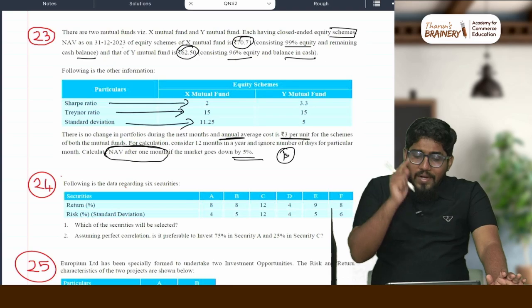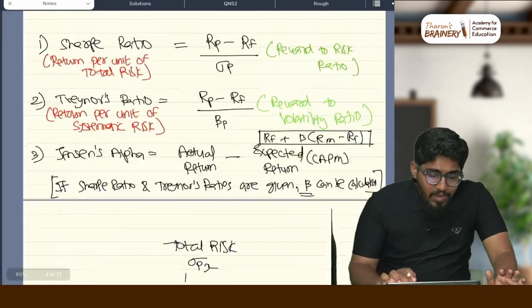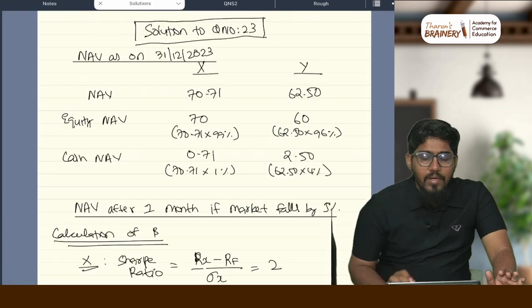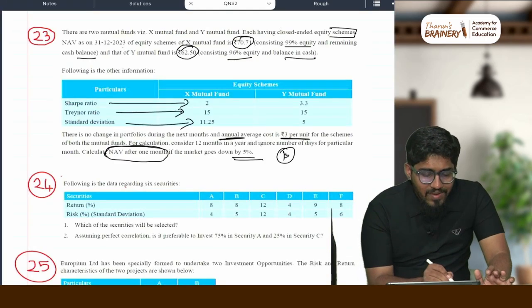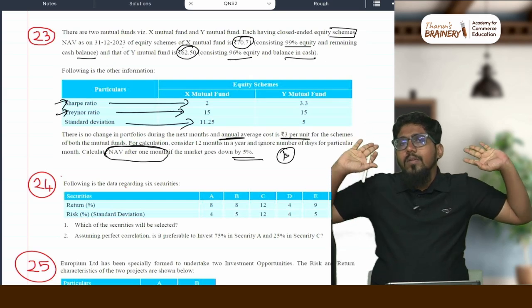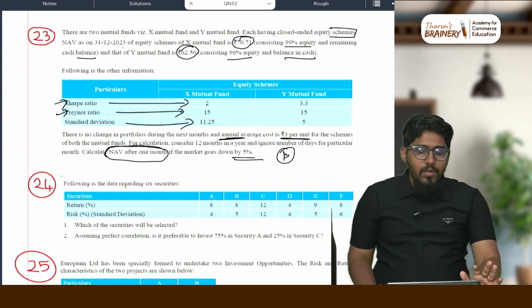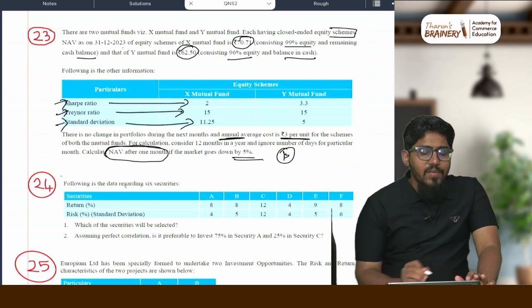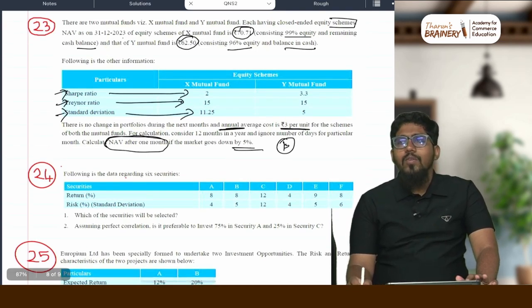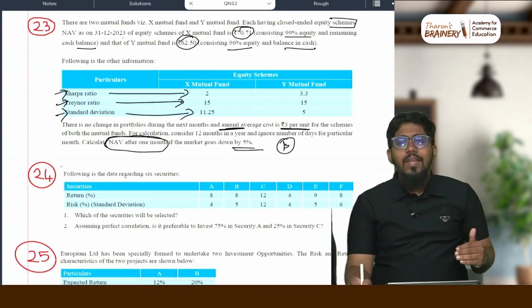I have already told you, remember, if Sharpe ratio and Treynor ratio are given, beta can be calculated. So here Sharpe ratio and Treynor ratio are given, and using these two, beta can be calculated. Also standard deviation is given, so using these three, beta can be calculated. Once you know the beta, you can know the NAV reduction.